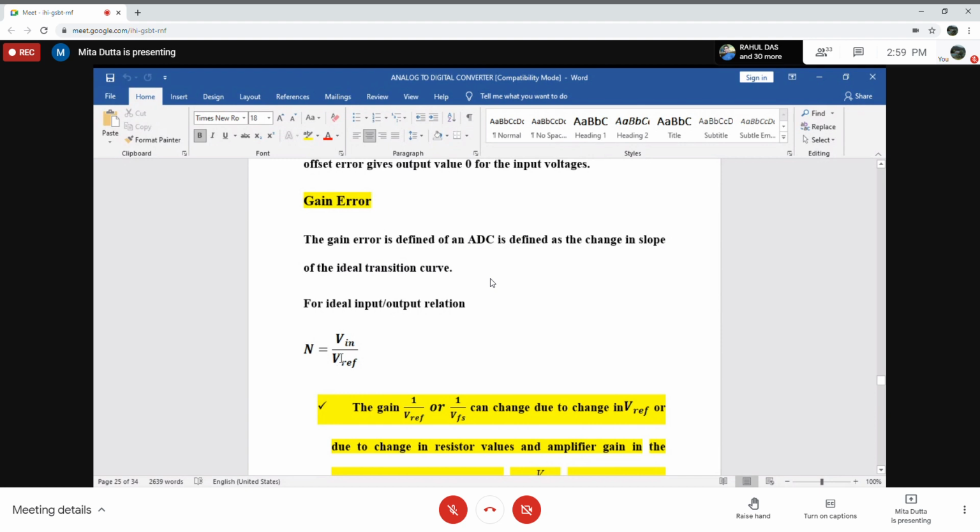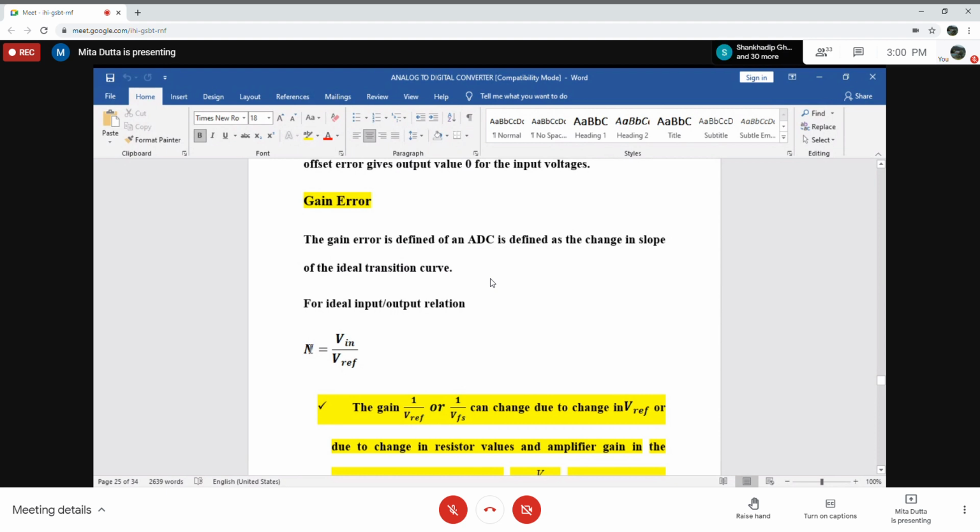Now here, V in is the unknown analog voltage whose digital equivalent we are going to find out. So the gain will be 1 by VREF, or 1 by VFS. Now if the reference voltage or the full scale voltage changes, then the slope will also change.